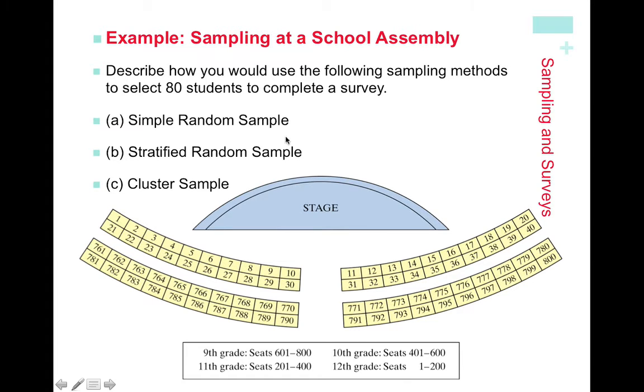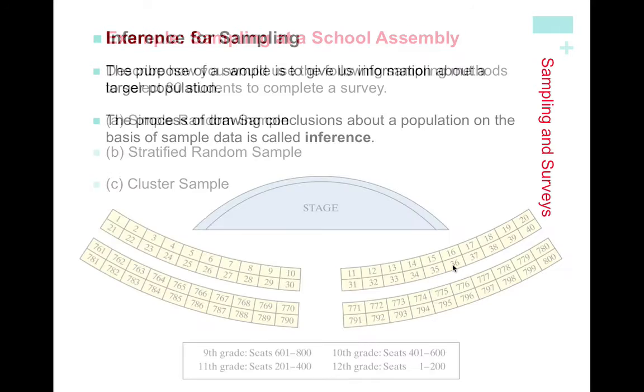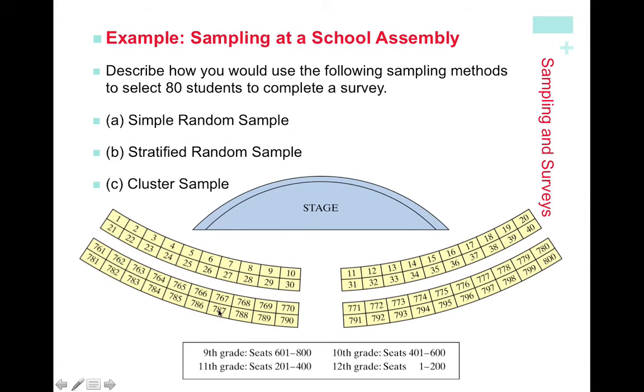So if we wanted to do a simple random sample of these seats here, we could just put them all into a hat and pull out 80 of the students. If we wanted to do a stratified random sample, then maybe we have these strata of groups, so we have them by grades, and if I want 80 in total, I'm going to take a simple random sample of 20 from each grade.